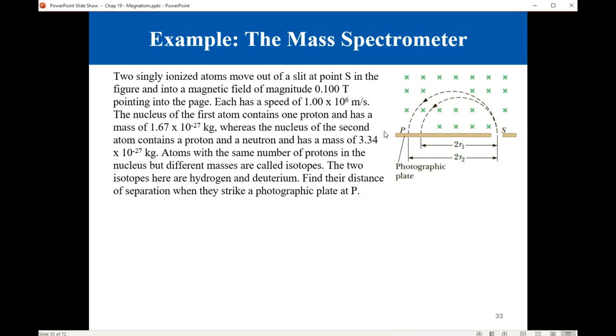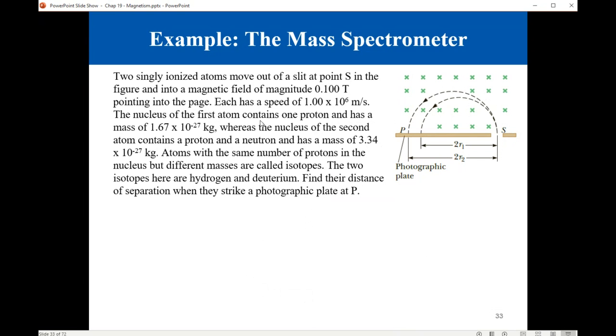In this example, we are told that two singly ionized atoms move out of a slit at point S, at this point here, into a magnetic field of 0.1 Tesla pointing into the page. Each has a speed of 1 times 10 to the power 6 meters per second.